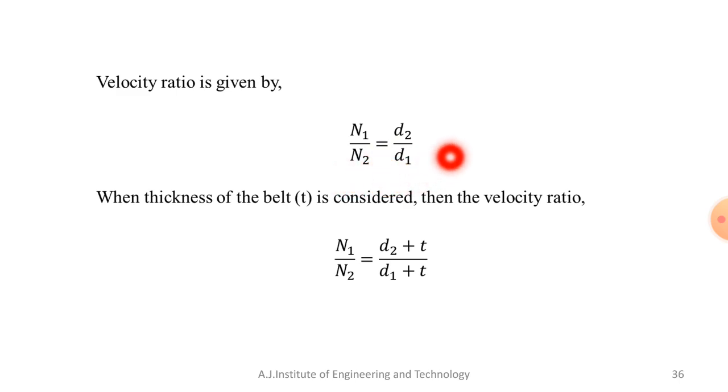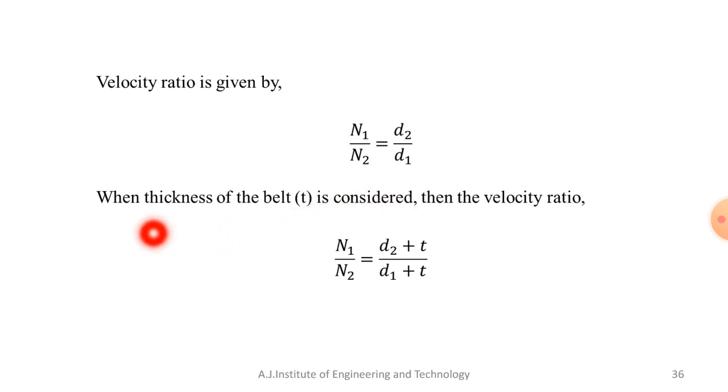It indicates that the velocity ratio depends on the diameters of the two pulleys, that is the driver pulley and the driven pulley. This is the equation for velocity ratio, and it can be used while solving problems. All of you know that this is one of the important equations in belt drive.